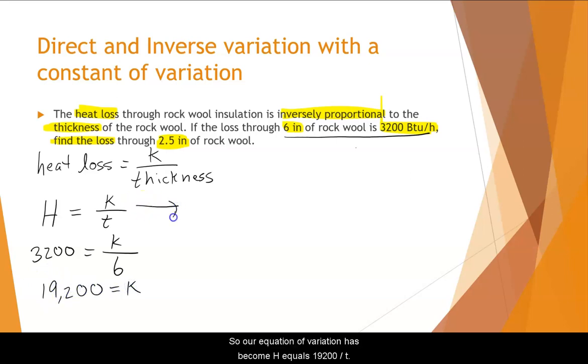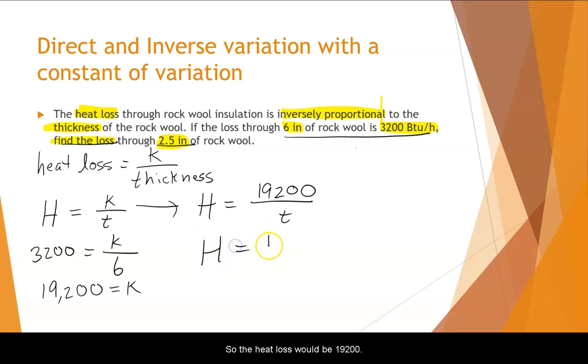So our equation of variation has become H equals 19,200 divided by T. From here, we want to find the heat loss through 2.5 inches of rock wool.